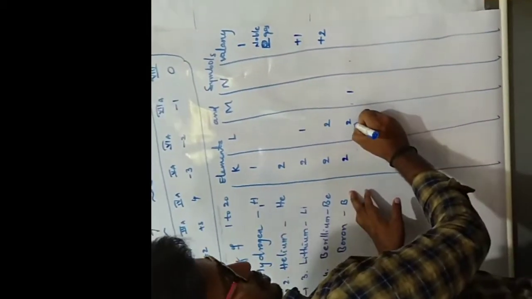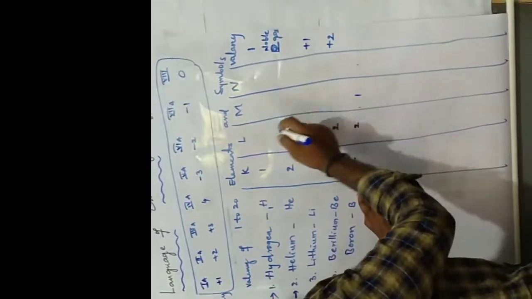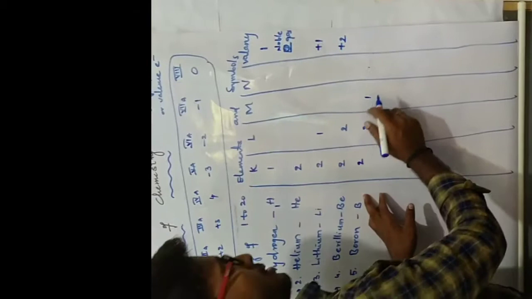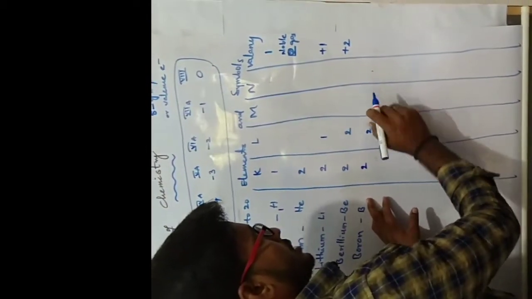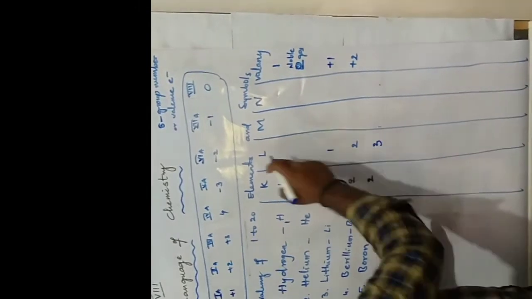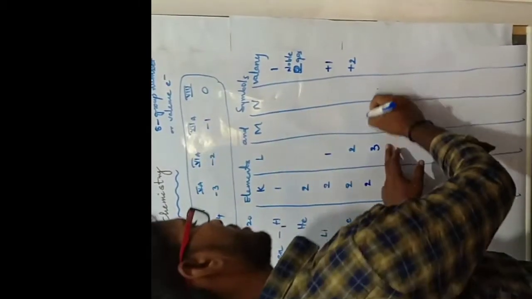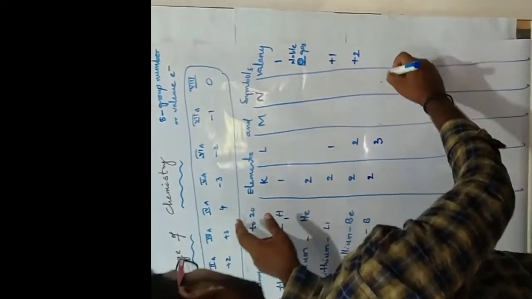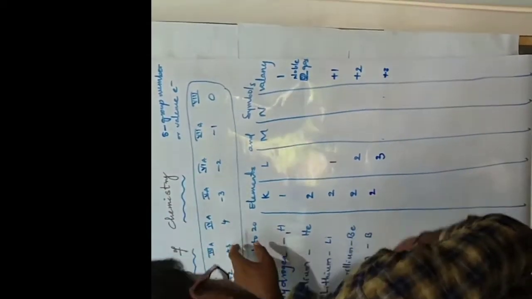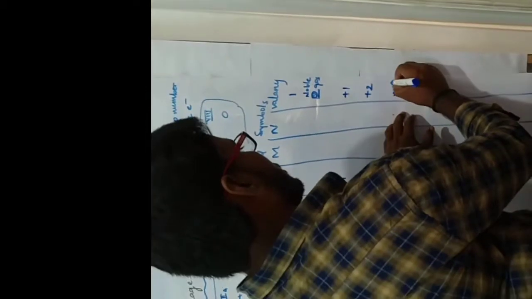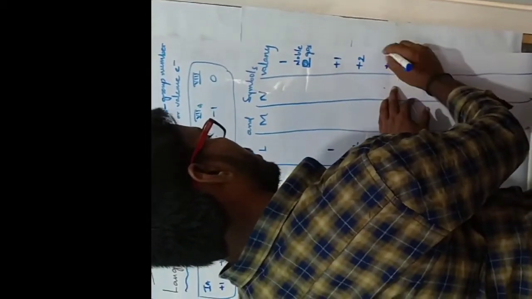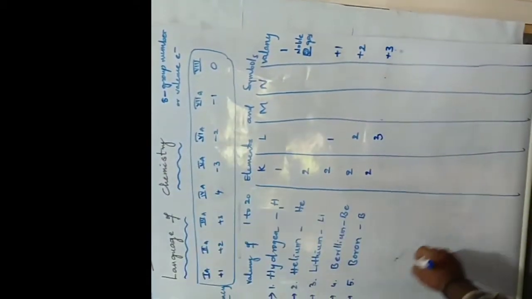The 2s2 and 2p1 are in the same shell, so only 3 electrons in the L shell. So what is the valency? 3. 3 means third group. Boron is a metalloid, and the valency of boron is plus 3.